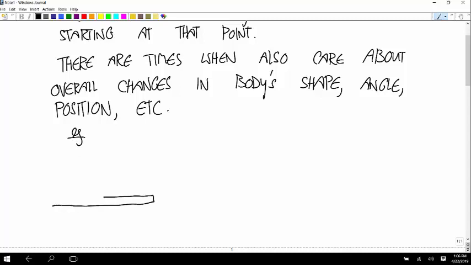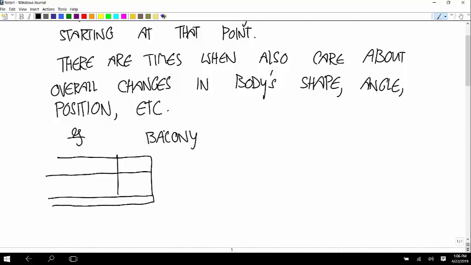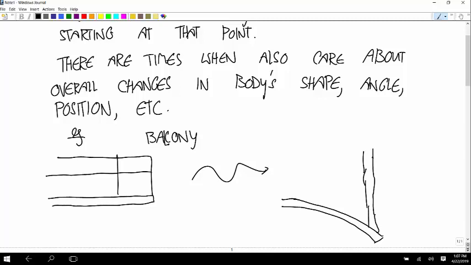So for example, say this was a balcony. Even if this balcony was not in danger of breaking at any point, it would be a problem if a person standing at the edge like this caused a deformation like that.